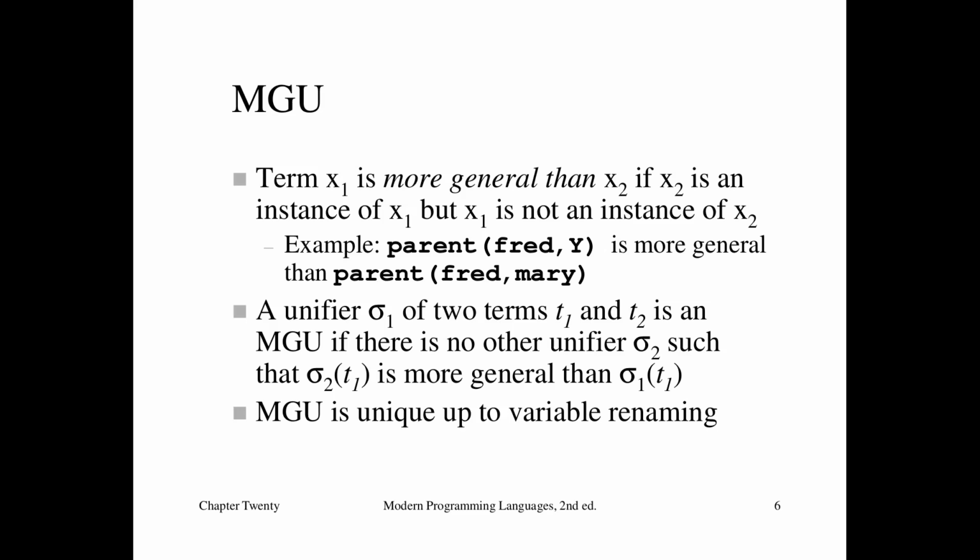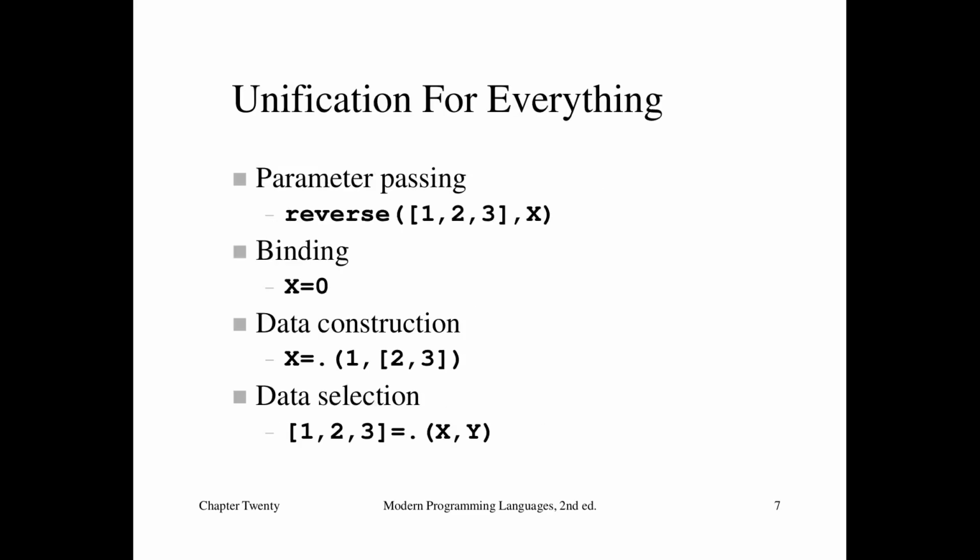So unifier sigma 1 of the two terms T1, T2 is an MGU if there is no other unifier sigma 2 such that sigma 2 of T1 is more general than sigma 1 of T1. The most general unifier is unique up to variable renaming. We'll come into that in a minute.